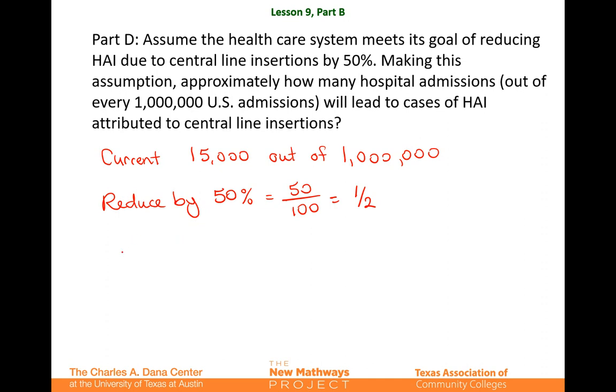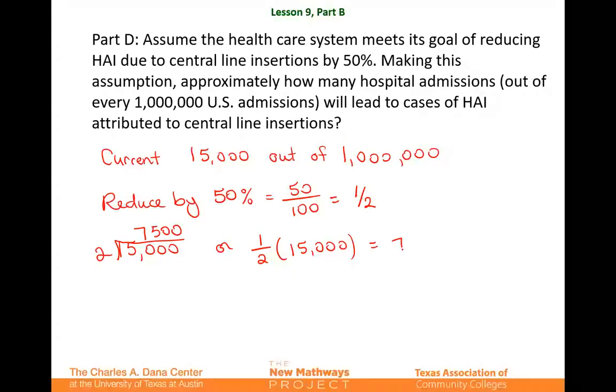You can either say, hey, let's just divide 15,000 by 2. That's going to be 7,500. Or you can multiply by 1/2. That's also 7,500. Same thing. Dividing by 2 is the same as multiplying by 1/2. So if we can cut the infections down, there'll only be about 7,500 patients that will get this hospital-acquired infection due to a central line.